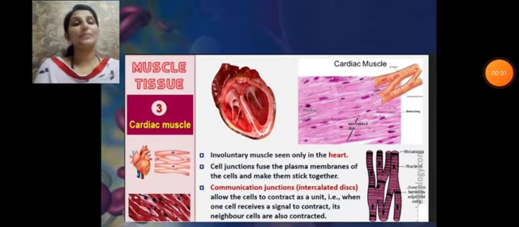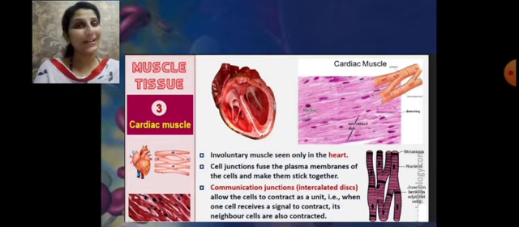The third type of muscular tissue are the cardiac muscles. These muscles are located in the walls of the heart and hence they are called cardiac muscles. They are involuntary in action. They do not work according to our will. Hence they are involuntary muscles. There are cell junctions which fuse together the plasma membrane of the muscle cells so that they can stick together.